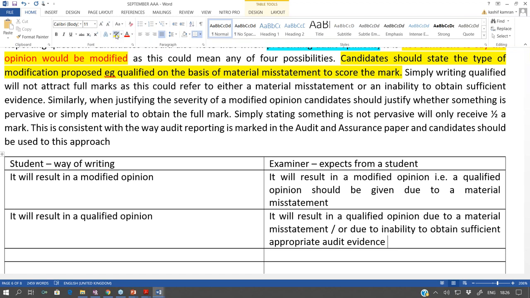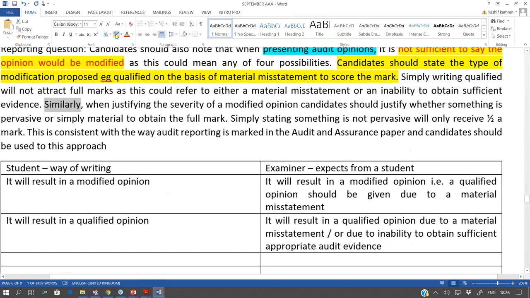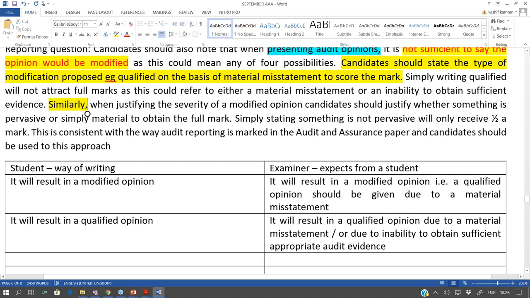Right? Next situation. Look at this last paragraph from here. I'm reading from similarly. Similarly, when justifying the severity of a modified opinion, candidates should justify whether something is pervasive or simply material to score full marks. So you need to justify whether it is material, or whether it is material and pervasive.